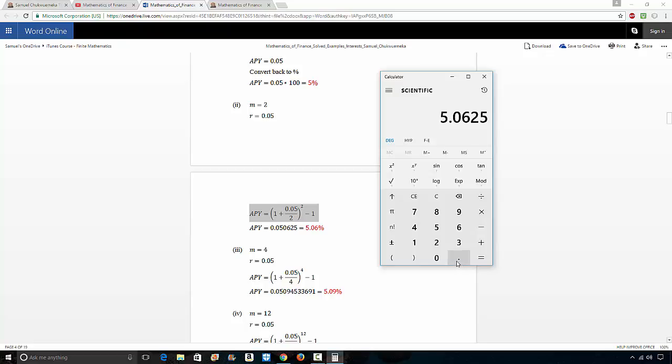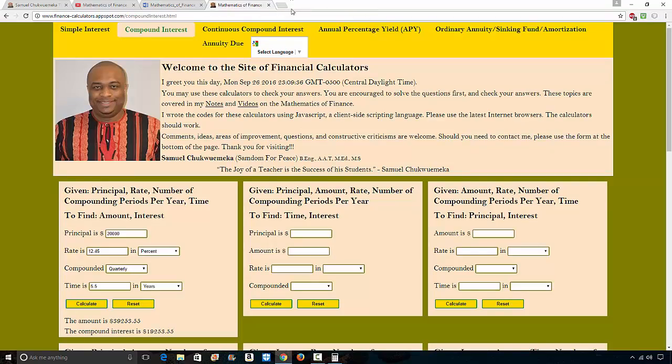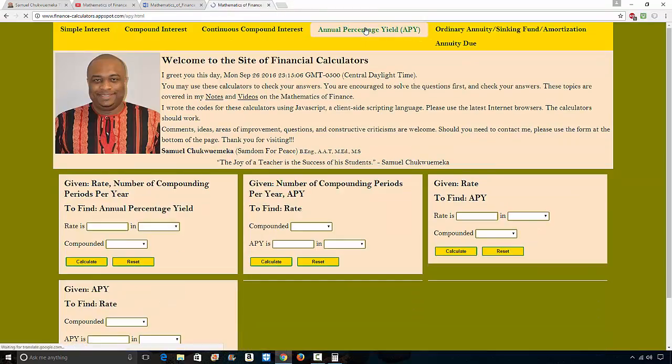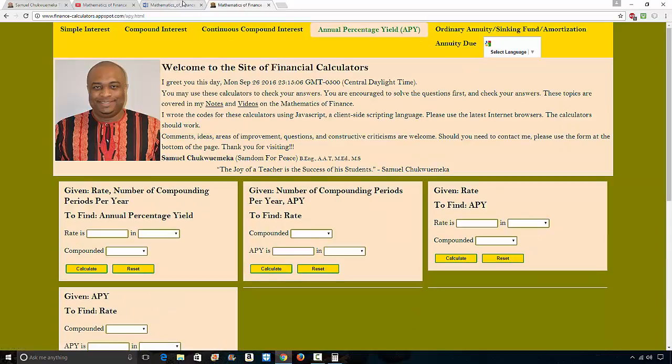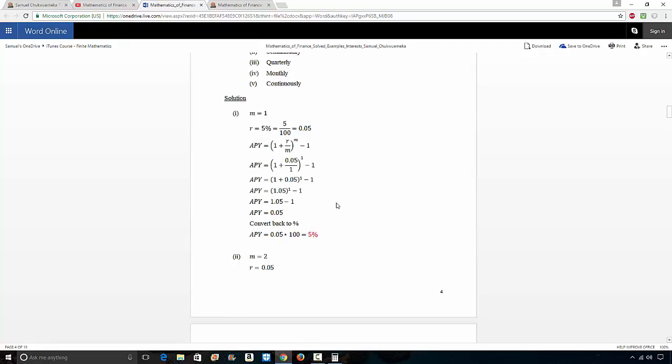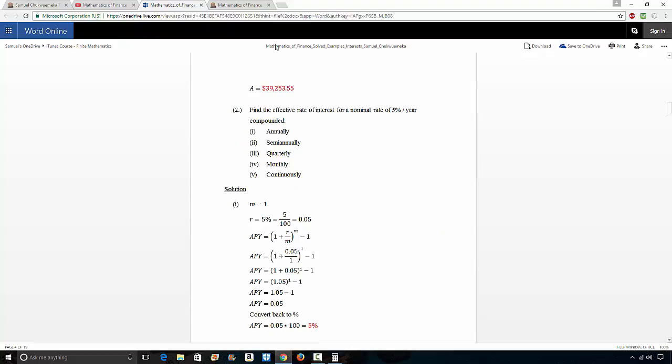Let us do this with my calculator, my web app that I designed. I'm going to press APY here. I'm asked to find the effective rate for the APR, annual percentage rate.